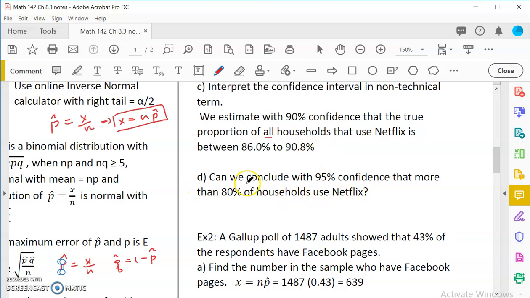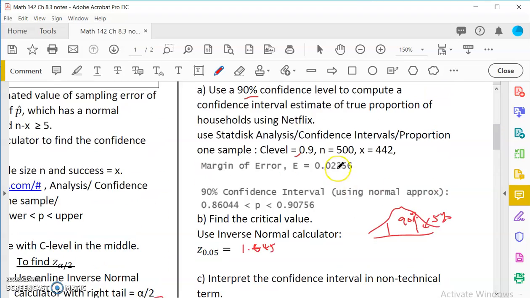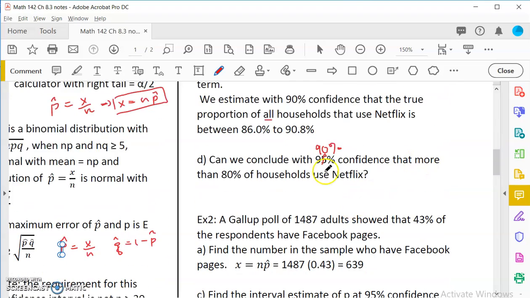The D part is, can we conclude with 90% confidence, because we're doing a 90% confidence interval, right? So it should be 90. That more than 80% of households use Netflix. So look at the interval that we have.